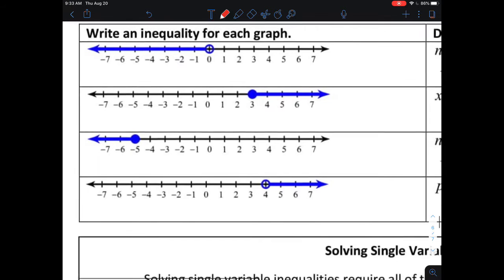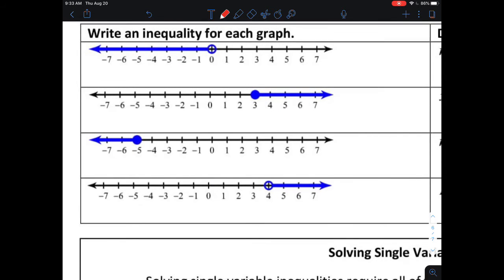All right, so now we're going to look and write. Let's start off by writing the inequality from the graph. I've got 4 examples here, and I'm looking at this first problem. We're given a number line with an open circle at 0, so I'm just going to use x and 0. Notice that we are shaded to the left, so that's all the numbers smaller than 0.